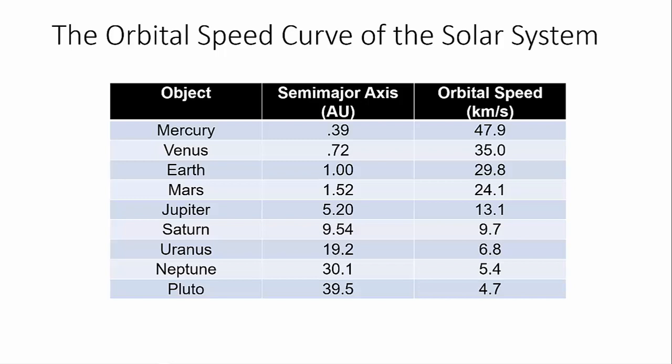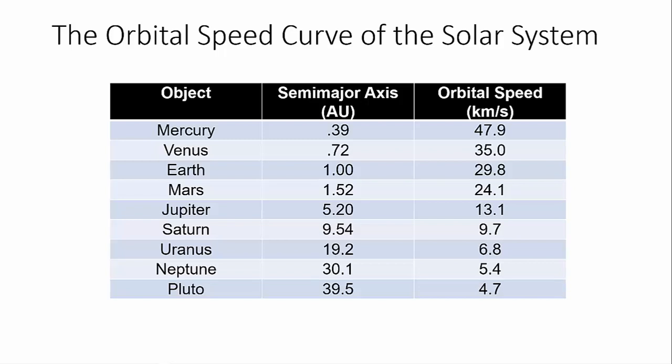But that's only half the reason. The rest of the reason is that Jupiter is going less than half as fast as the Earth. And the combination of traveling 5.2 times as far and traveling less than half as fast is what makes Jupiter take 11.9 years to orbit the sun.